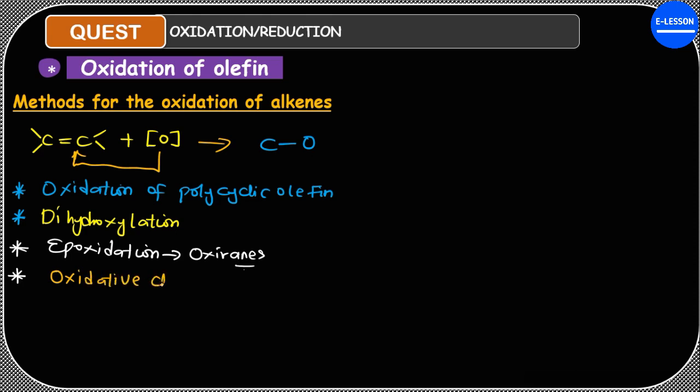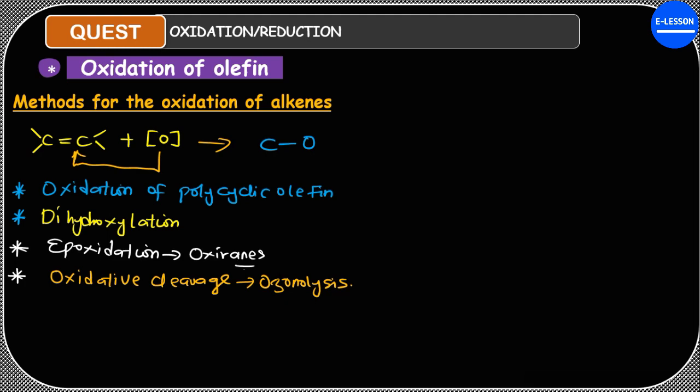It must not always be ozonolysis. It can be achieved by the process of ozonolysis and by using strong oxidizing agents like KMnO4, etc. So these are the methods of introducing an oxygen into the alkene double bond, or we can say these are the methods of oxidation of alkenes.